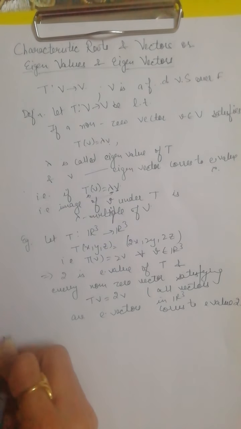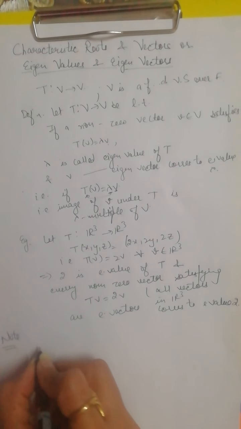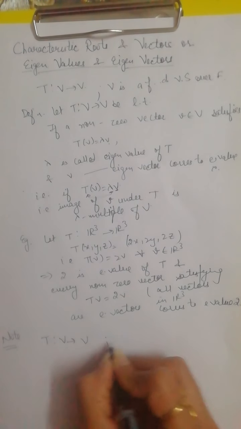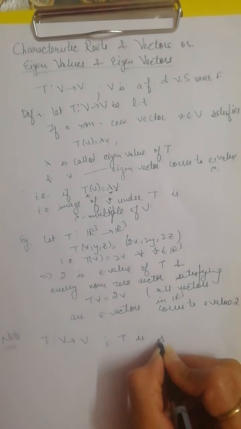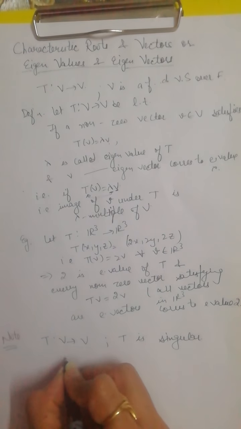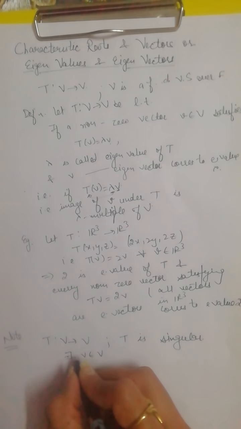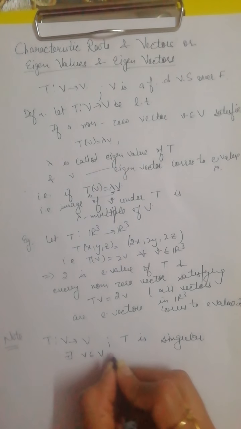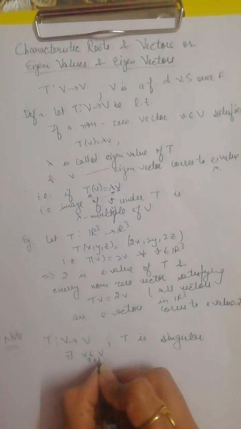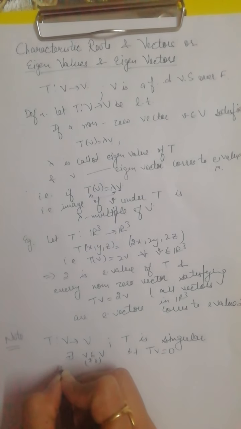Note that if you have a linear transformation which is singular, it means there exists at least one non-zero v belonging to V such that Tv is equal to 0.